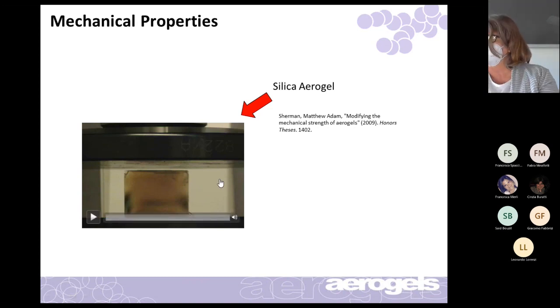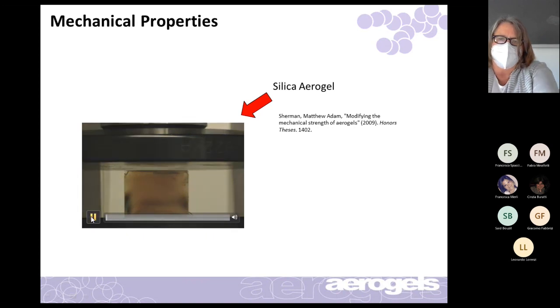And so I'm going to run this, and the top platen is going to come down, and you see what happens to an aerogel as you crush it. The light is slightly polarized, so you'll see changes in the color. It crushes.